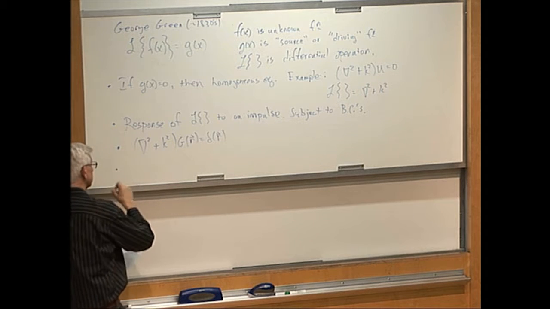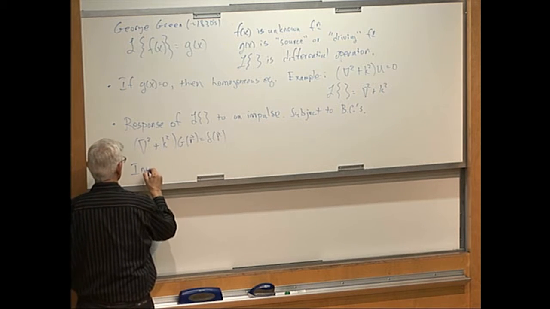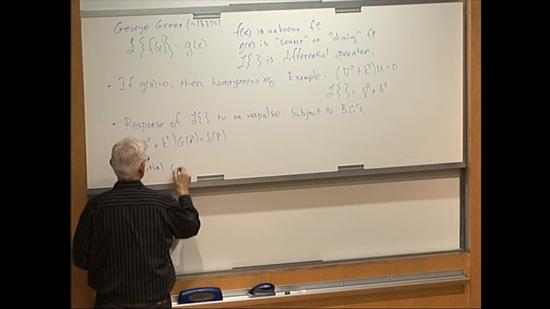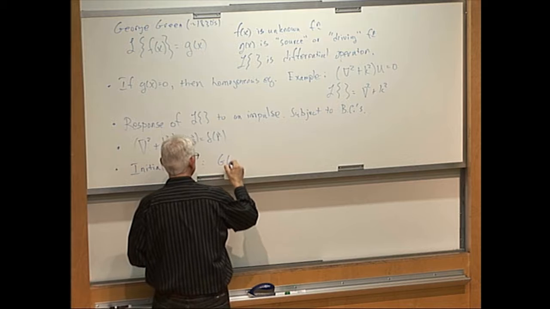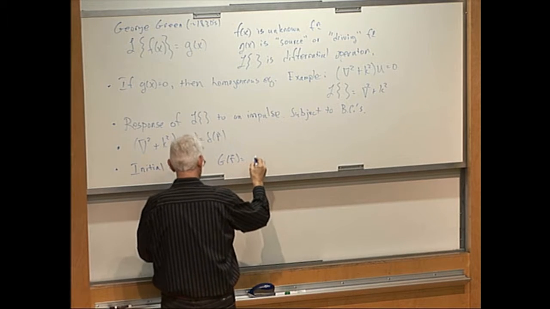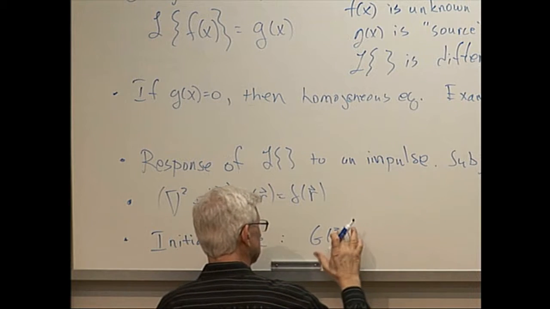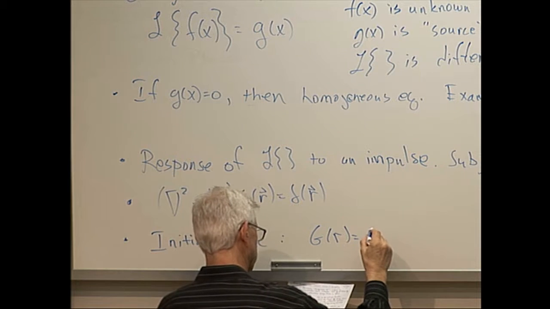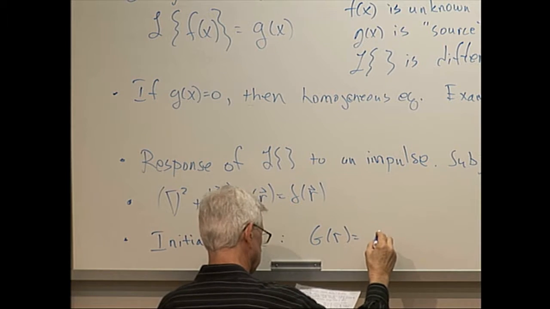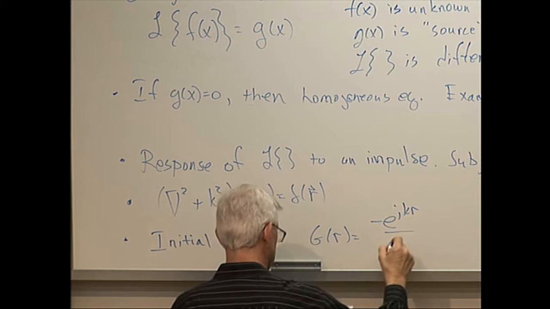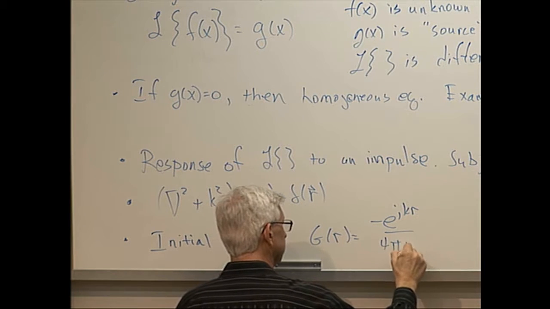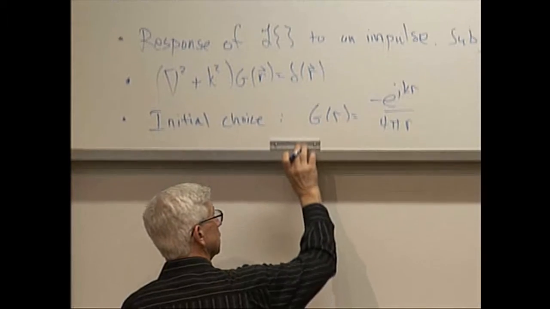And we're just going to say that an initial choice is g of r is equal to, if it's at the origin, we can just say scalar r, e to the minus j k r over 4 pi r. Okay.